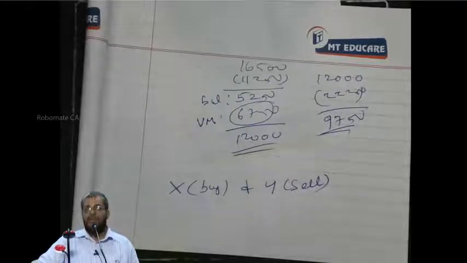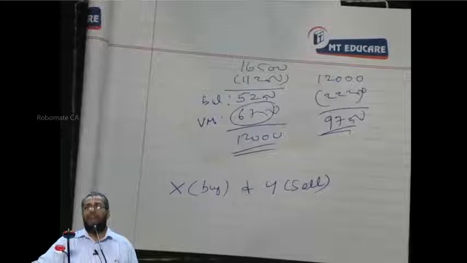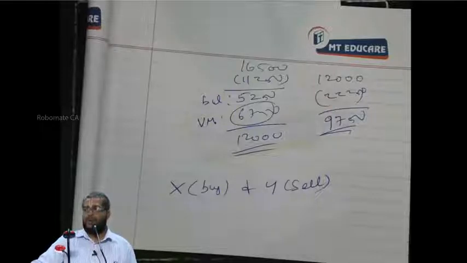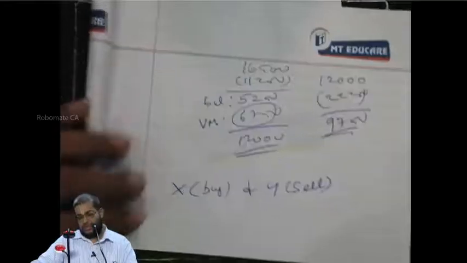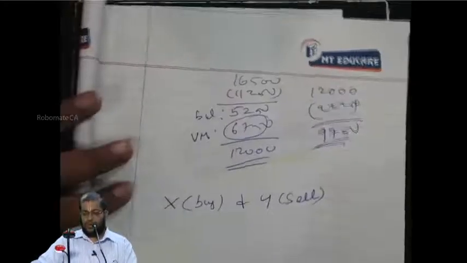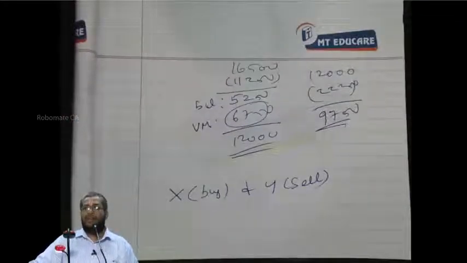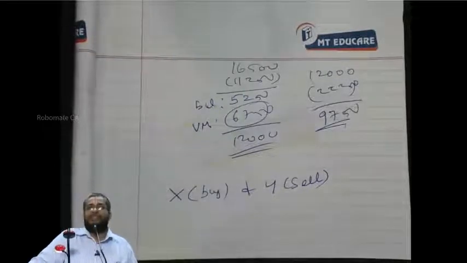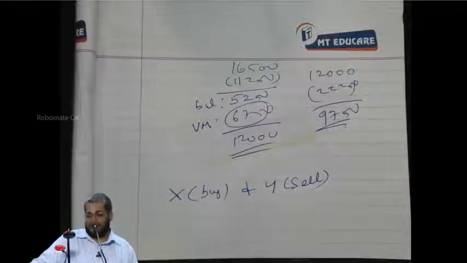Point 2. Suppose X books profit and Y incurs loss in the transaction.